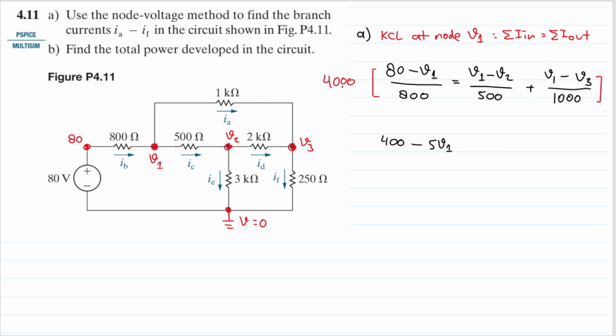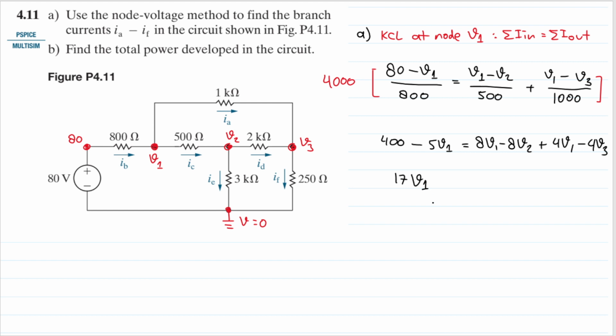And 500 and 4000 will cancel into 8, so we will have 8 V1 minus 8 V2. And then 1000 and 4000 will cancel into 4, so we'll have 4 V1 minus 4 V3. So we will have 8 plus 4, that will be 12, and 12 plus 5, that will be 17 V1.